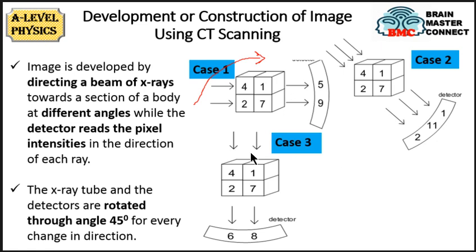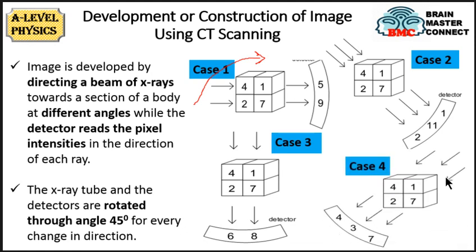What if it moves again for another 45 degrees? That will give us 45 to here, and 90 to here. So that will be 90 plus 45, which will give us the fourth case. So I will have something like this.